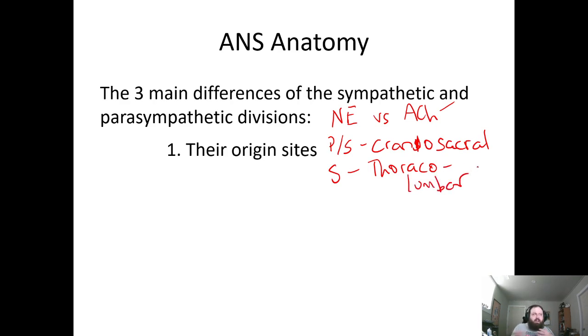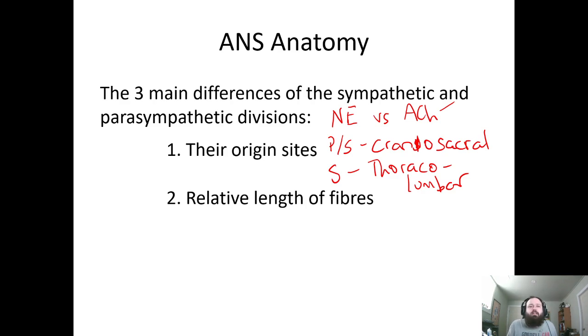So you can actually tell whether something is parasympathetic or sympathetic based on its positioning in the central nervous system. If it's found up here or down at the bottom of the spinal cord, it would be parasympathetic neurons, and the sympathetic ones are found exclusively in the thoracic and lumbar regions of the spinal cord.